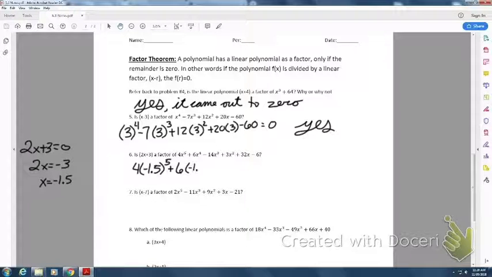Whenever you're doing these, if that decimal is not a nice clean decimal like 1.5, use the fraction. Okay, if it was 1/3, you would not want to use 0.33.